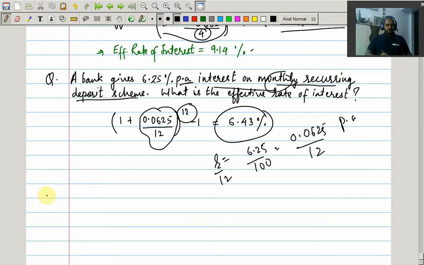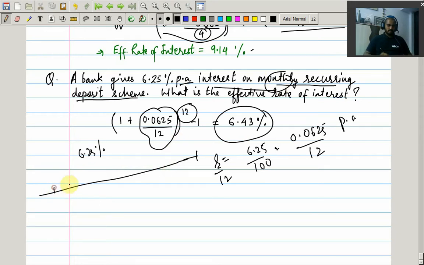So let me conclude this by saying this. This is my 1 year timeline. 6.25% is for the complete year from here to here, but they are compounding monthly. In a recurring deposit, we receive interest every month.